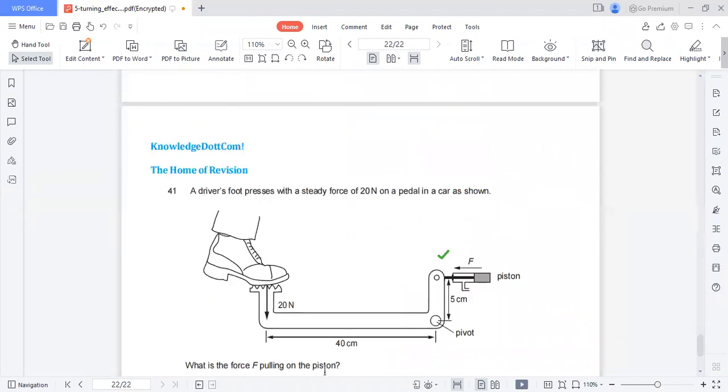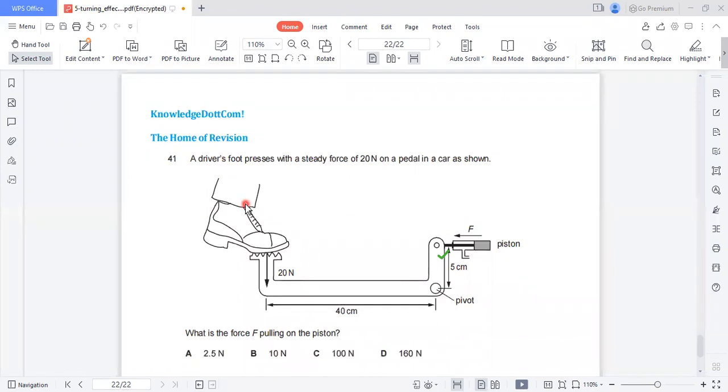Now 41. A driver's foot presses with a steady force of 20 newton. Okay, 20 newton is here, and this is the pivot. From the pivot to the force, the distance is 40 centimeter, a perpendicular distance.